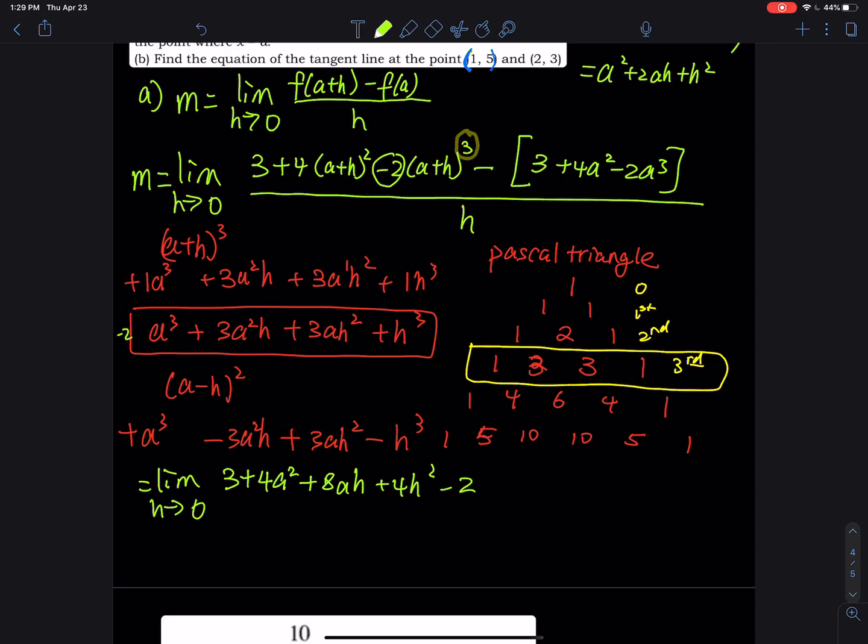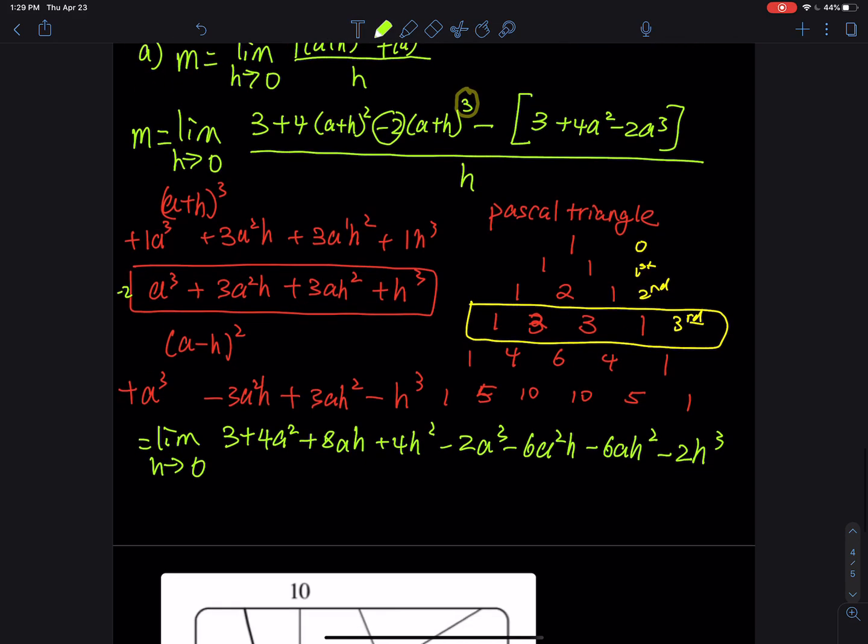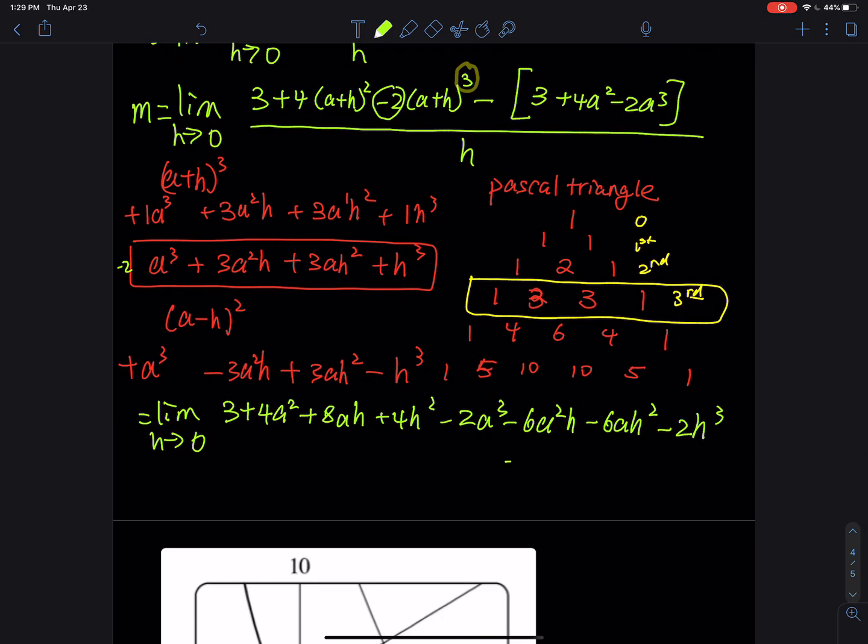So you have a negative 2a to the third minus 6a squared h minus 6ah squared, and then minus 2h to the third. We are not done. We still have the square bracket. The square bracket will be minus 3 minus 4a squared, and then minus 2a to the third. And then we have the whole thing divided by h.